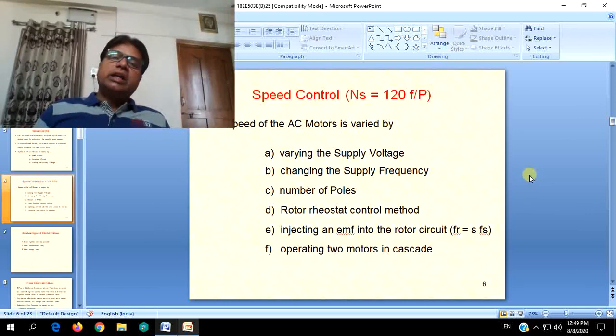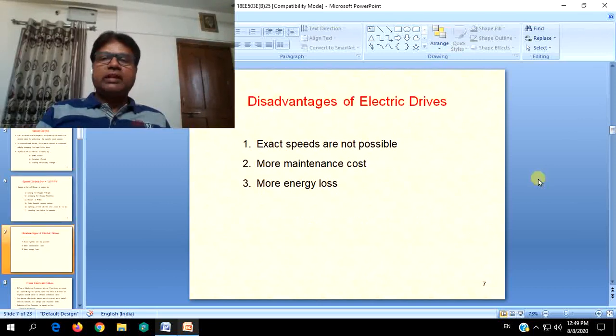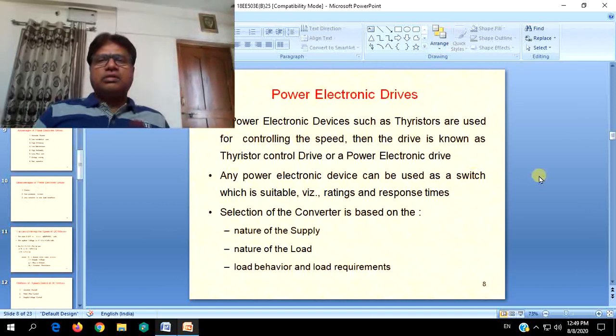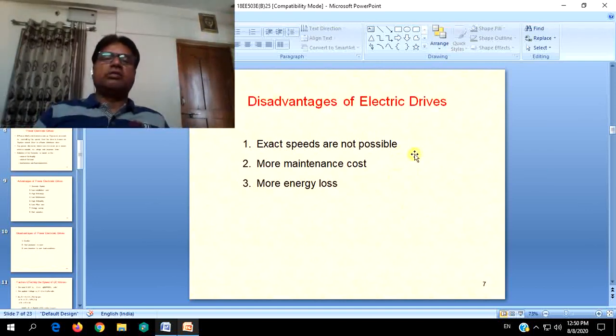That is why electrical drives have many advantages compared to conventional drives. But there are certain disadvantages of electrical drives when compared to power electronic drives, not conventional drives.